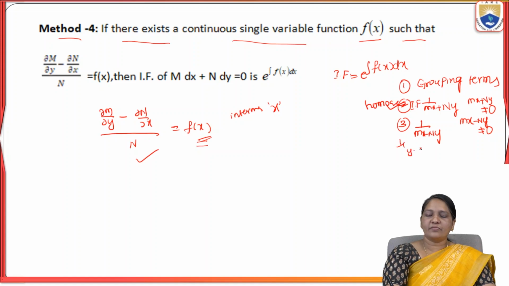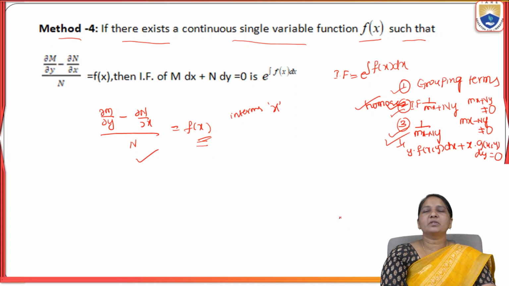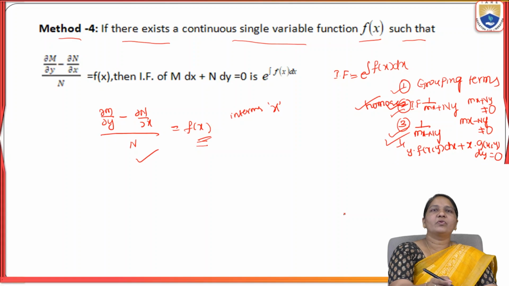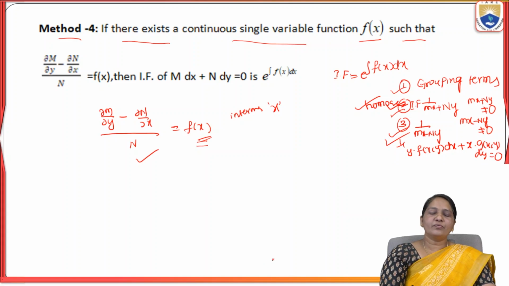The condition is that the equation has the form y f(x,y) dx plus x g(x,y) dy equal to 0. Based on this equation we decide which method we are going to use. After checking these 3 methods, if they are not possible, we move to the fourth method. What is the fourth method?